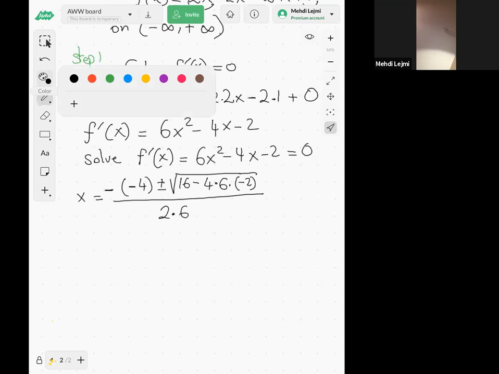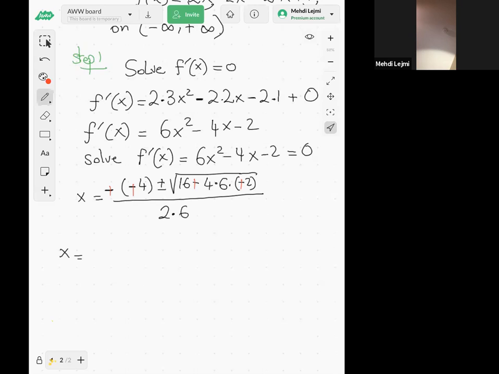Minus minus gives a plus. So x is 4 plus or minus the square root: 4 times 6 is 24, 24 times 2 is 48, 48 plus 16 is 64. So it's the square root of 64 over 12, so x is 4 plus or minus 8 over 12.